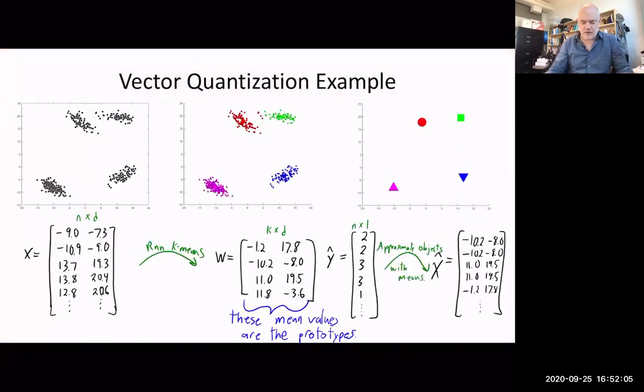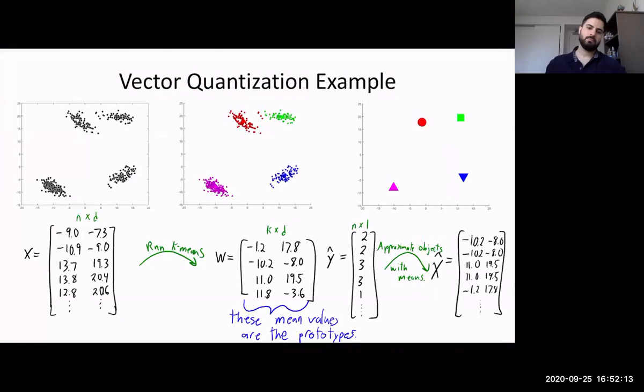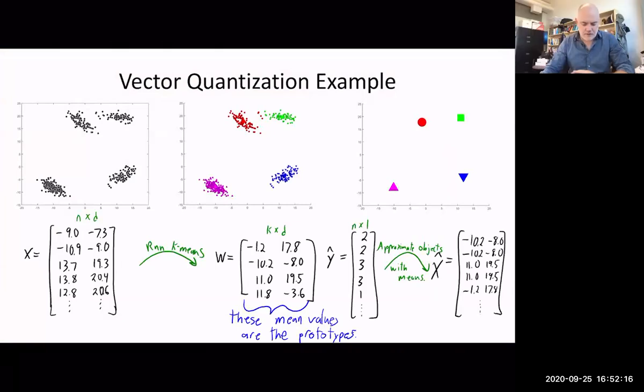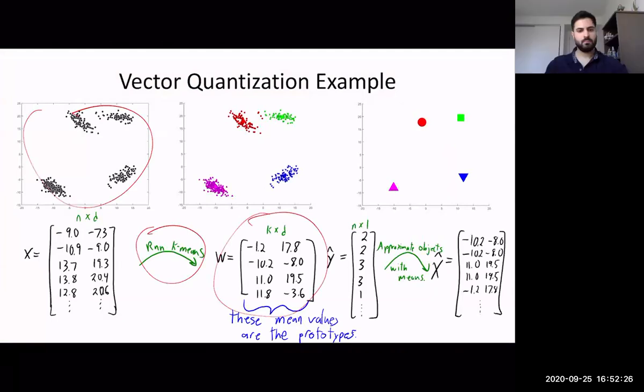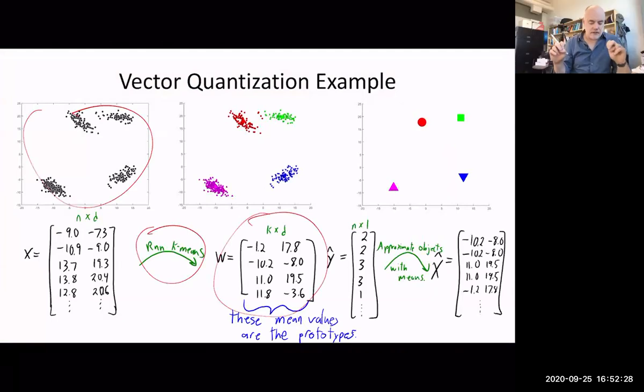Vector quantization is clustering. There's nothing on this slide except we take our original data and we run k-means. This gives us a lower dimensional representation of the data. That's going to be a little bit weird to think about, and we'll get to it later on.